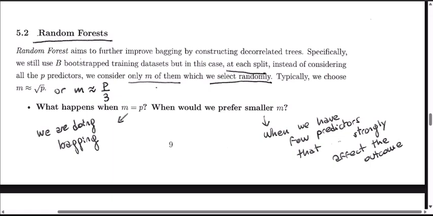So right now, the random forest is still using the principle of bootstrap samples, except that there's going to be a random selection of a subset of the features. Because of that, we're going to have diversity.